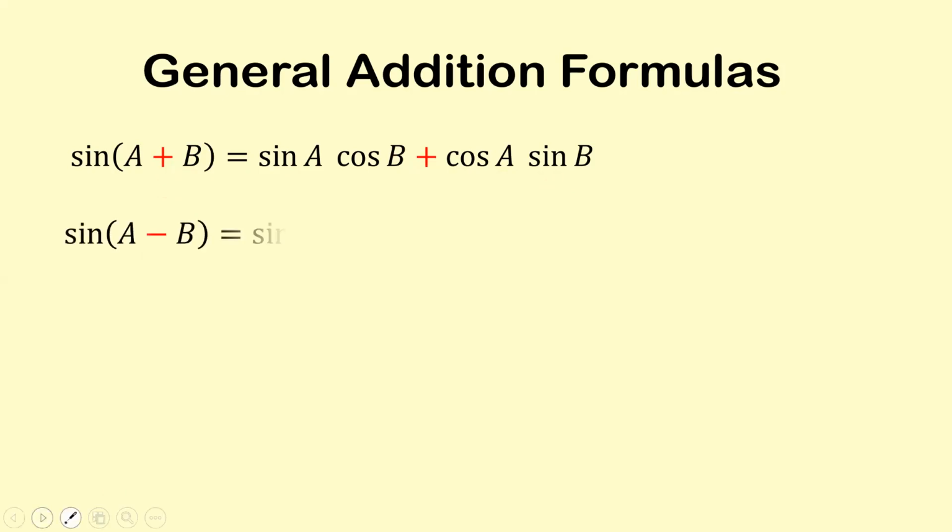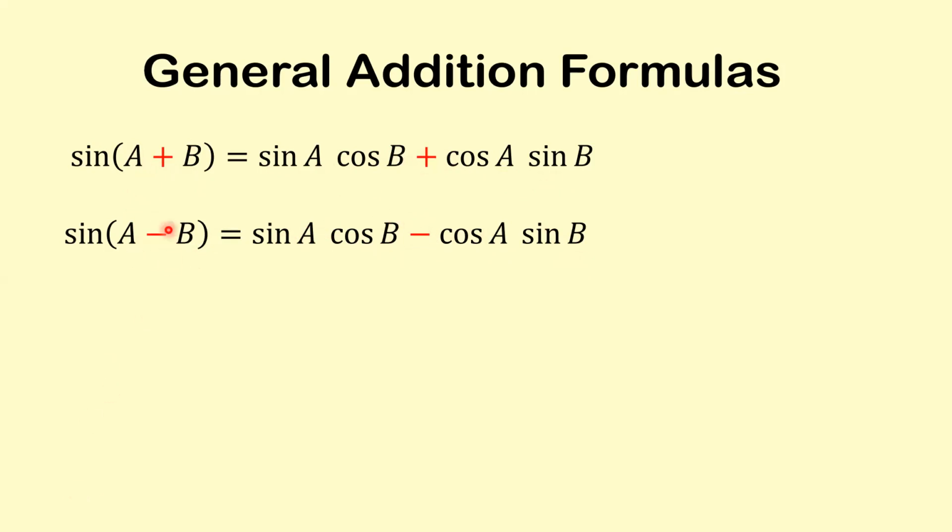If you have the counterpart of this, yung difference niya, yan, the plus, making it minus. So yung middle operation din dito becomes a minus. So take note that you have exactly the same pairing, no? Sin A cos B, cos A sin B. Yan. So sin cos, cos sin. So same pairing except that for the sine of a sum, this is addition. For the sine of a difference, this is subtraction. Okay?